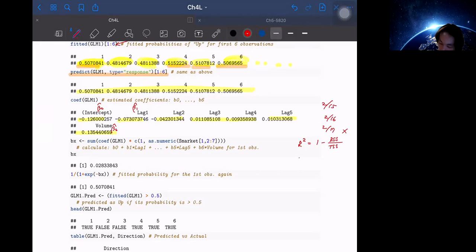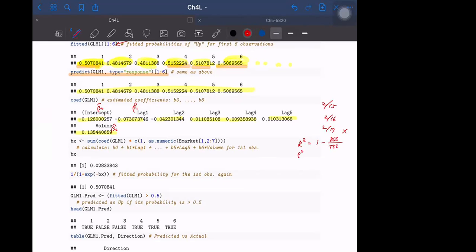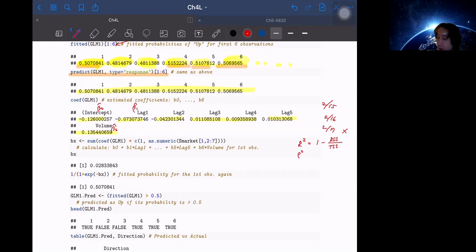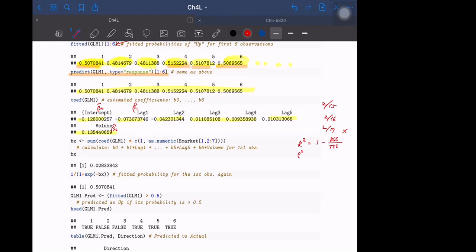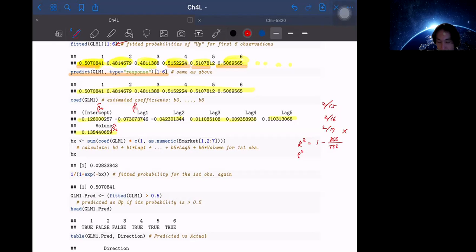Rho square. Yes, rho square and adjusted rho square. I think that we have rho square for this kind of categorical modeling, yes? What do you mean rho? Rho is the correlation?